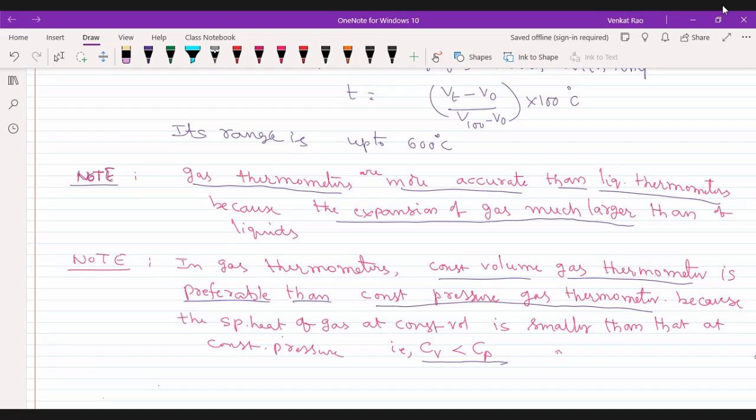Measurement based on triple point, and they prefer material.